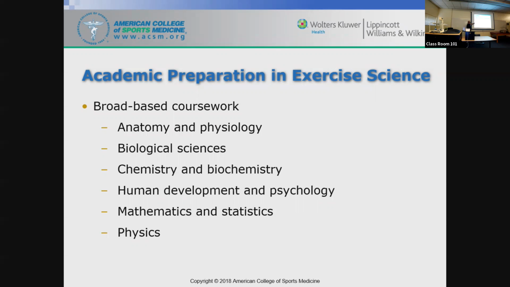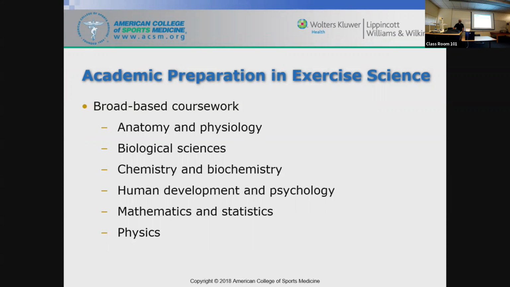Then chemistry and biochemistry, biochemistry being specific to living organisms, mostly relating to metabolism. And then human development and psychology, a little bit of math and statistics, and then physics.